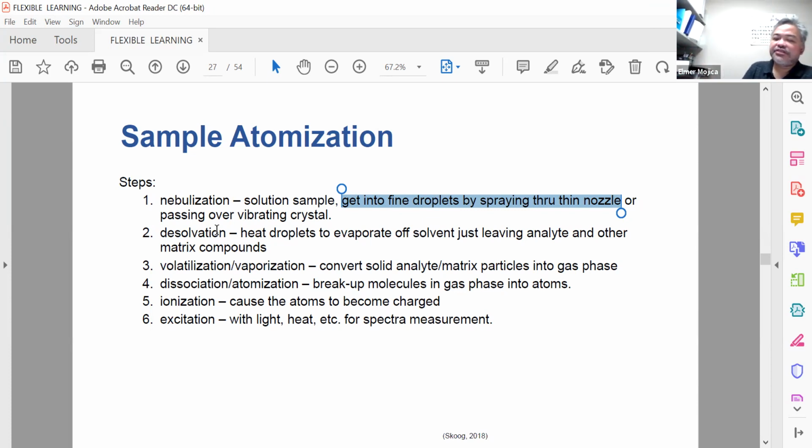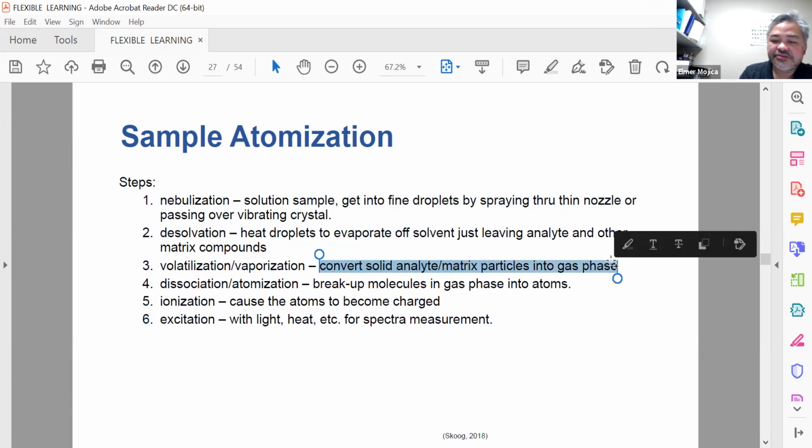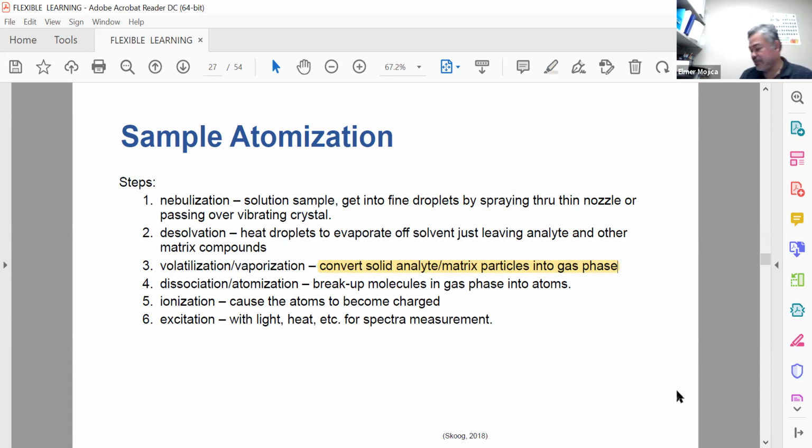The next thing that you're going to do is undergo volatilization or vaporization. So you convert solid analyte or matrix particles into gas. And then you could also have dissociation and atomization, where you break up your molecules in the gas phase into atoms.